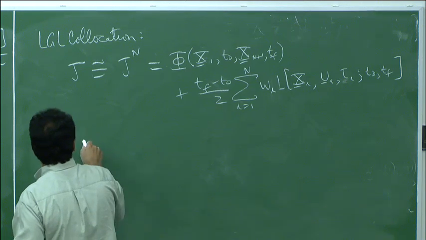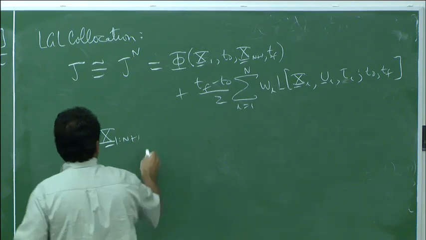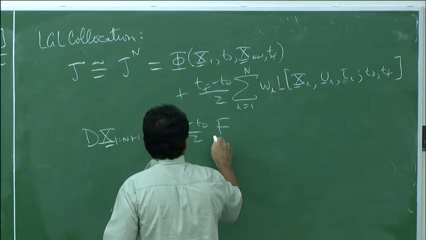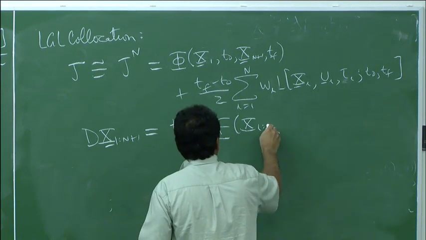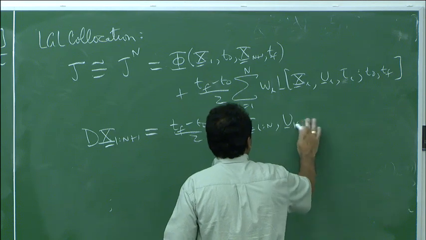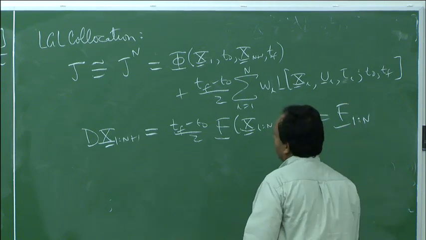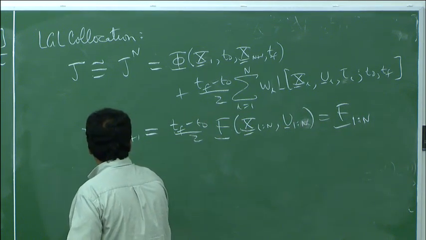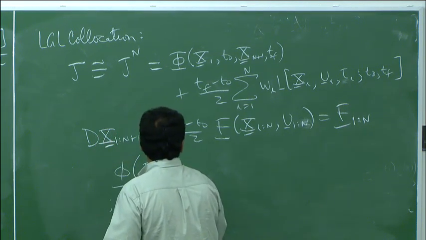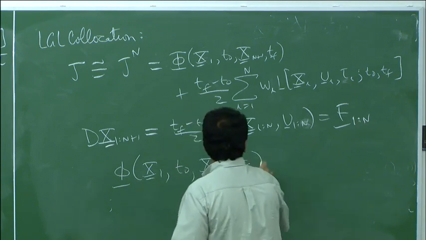The dynamics get approximated by D times x_1 through x_{N+1} is equal to (tf minus t0) over 2 times f of x_{1:N}, u_{1:N}, which we've defined already to be F_{1:N}, which I defined before. And then my boundary conditions, phi becomes a function of x_1 and then t0, x_{N+1}, and tf, and that has to equal 0.